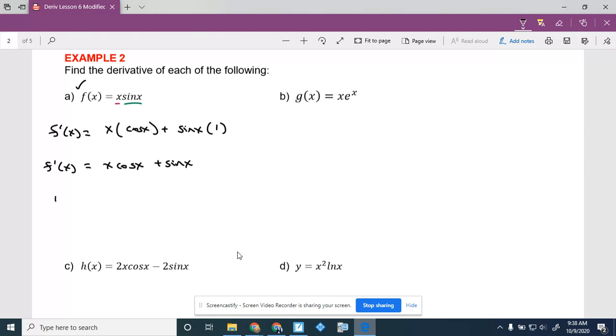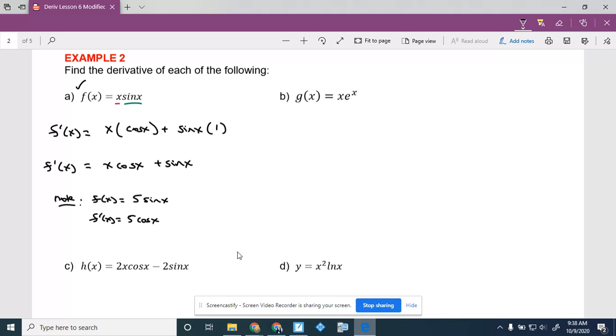Guys, make a note. This is very different than if the problem was f of x equals, say, 5 sine x. That's a whole new ball game, right? Because that's not a function times a function. That's a constant times a function. So the derivative of that is just the constant times the derivative of the function.